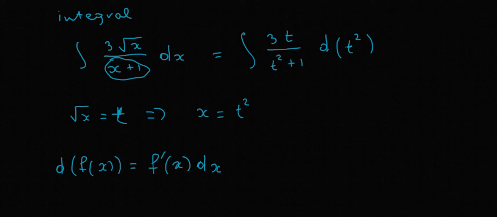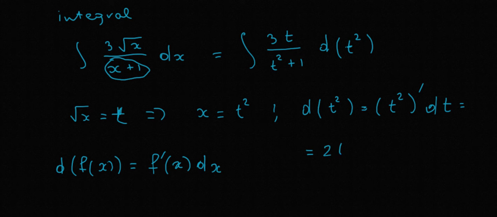And so if we apply this to the differential of t squared, the differential of t squared will equal the derivative of t squared multiplied by the differential of t. And the derivative of t squared is 2t. So we find that the differential of t squared equals 2t dt. And that's what we need to put into our integral.